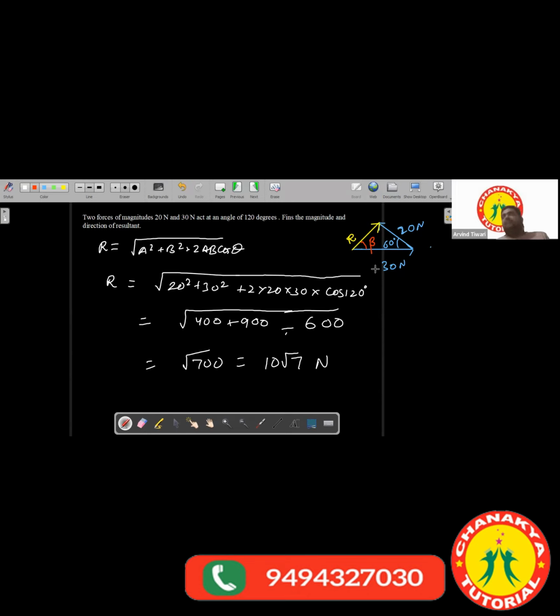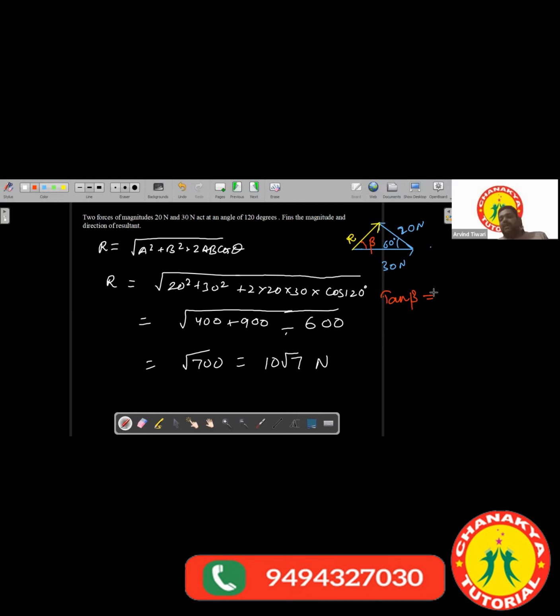This angle is given by the formula tan beta. Again, there is a derivation, but we are not going into it; we are directly using the formula. Tan beta is equal to, you have to take the opposite vector.